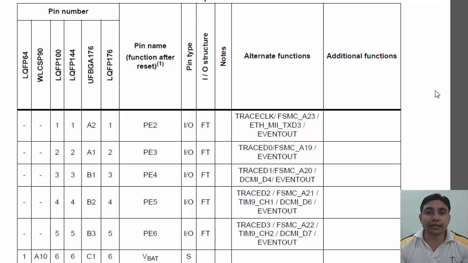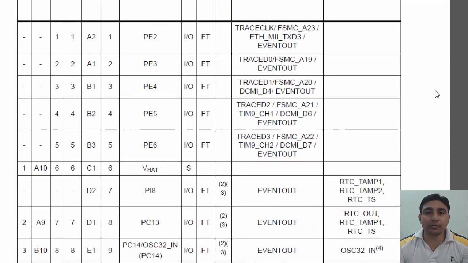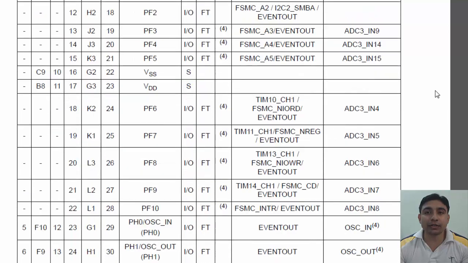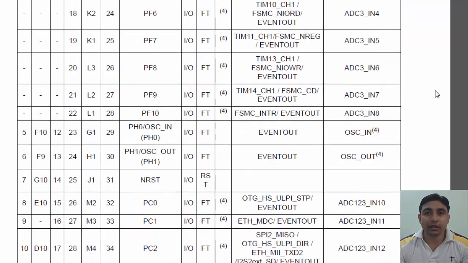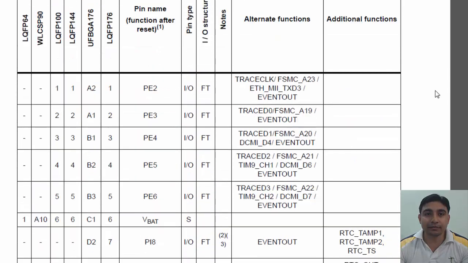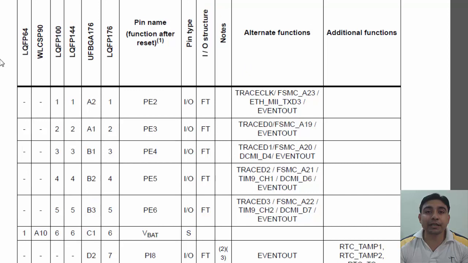You can see that a long table starts from here. This table is actually around 10 to 12 pages long. In this table, we have all the microcontroller pins listed, as well as which peripheral each pin is connected to.